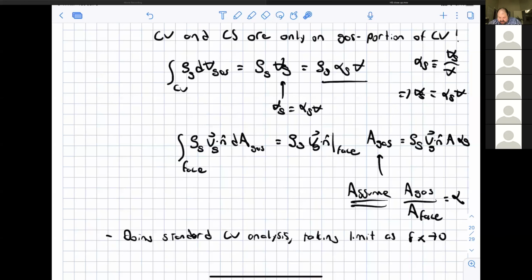And the flow area here, we are assuming that the area fraction, that is the area of the gas divided by the total area of that face of our control volume, is equal to the volume fraction of the gas.